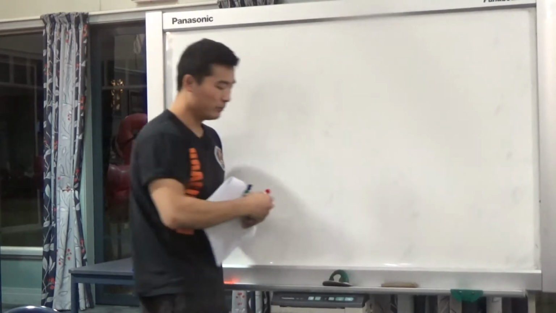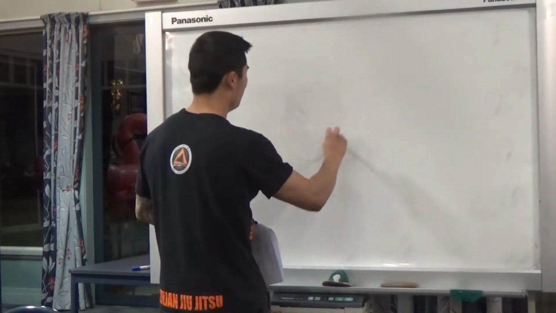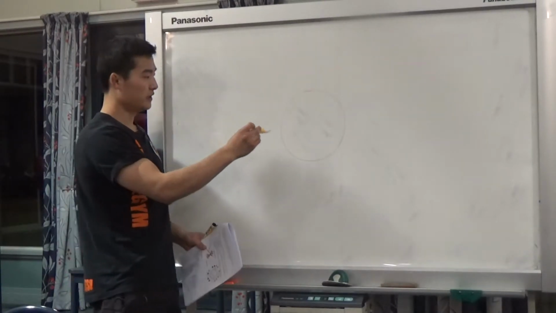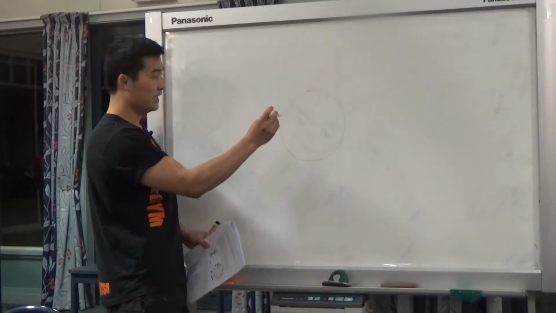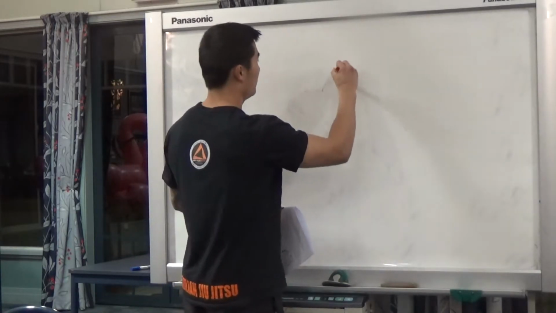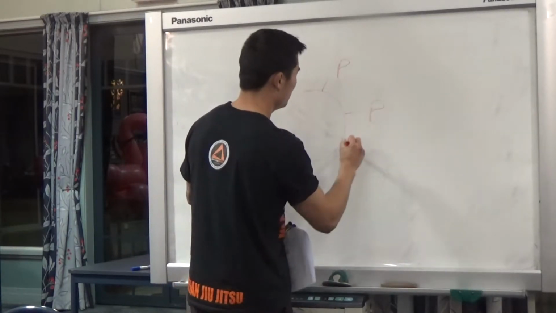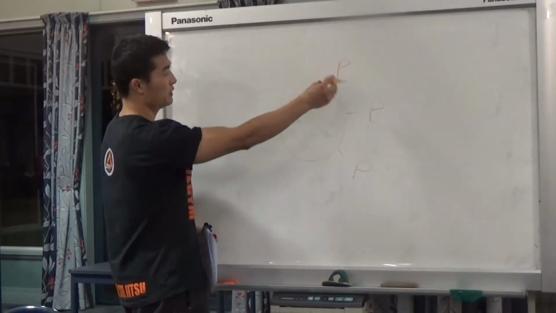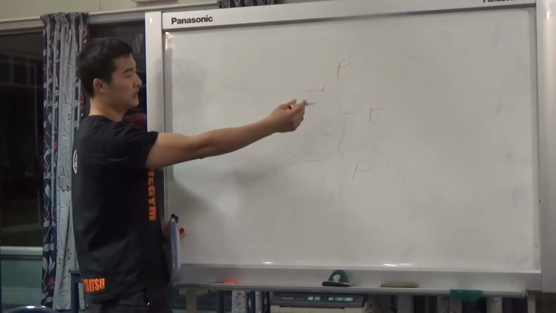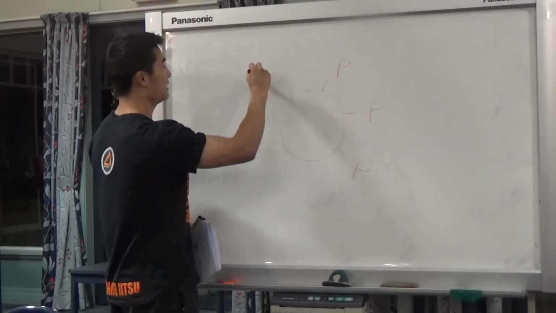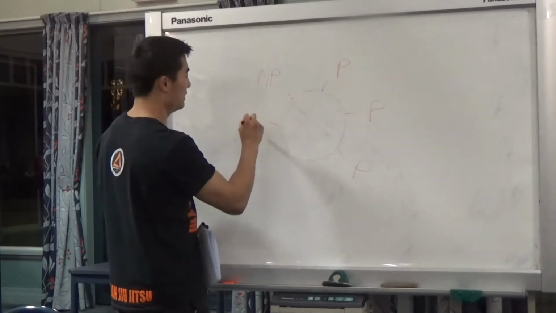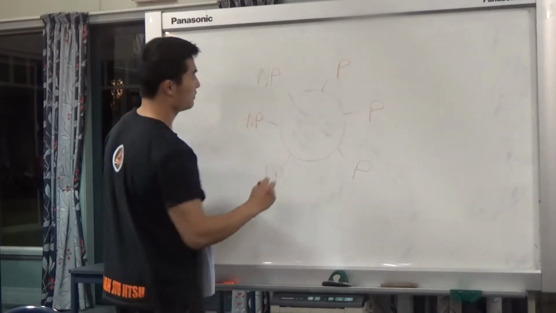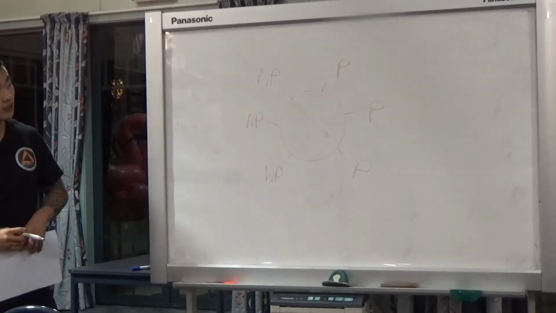If you look at the diagram on the right, looking down on an alpha helix from a bird's eye view, one side of the alpha helix will have side chains that are polar, which I've symbolized with the letter P, and the other side will have non-polar side chains.